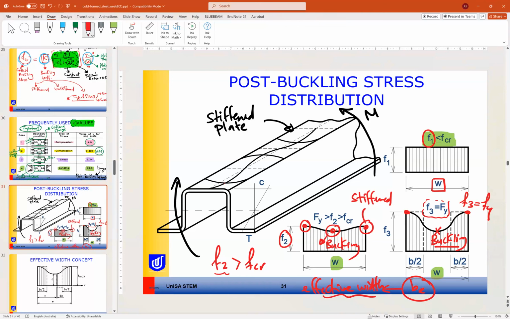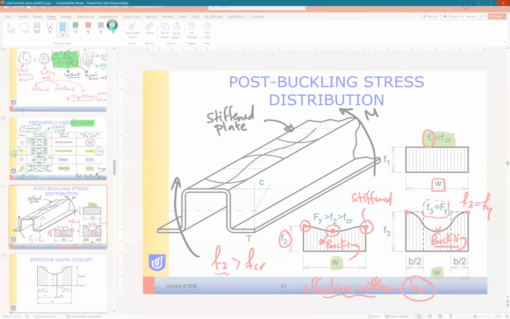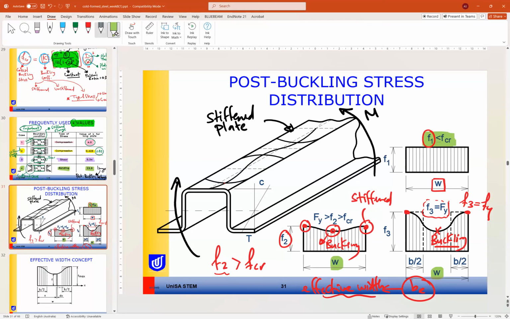The idea behind this method is that, instead of using the non-uniform stress, we just use uniform stress in this part and uniform stress in this part, and we ignore the middle part.